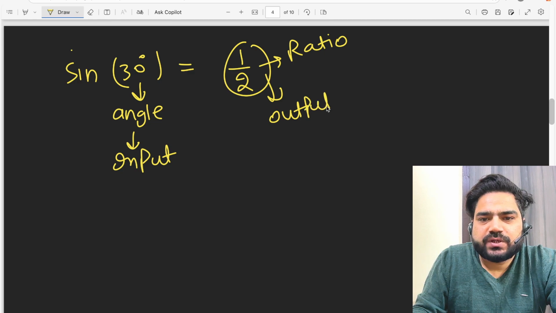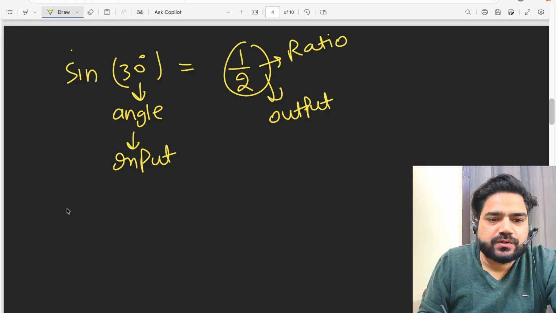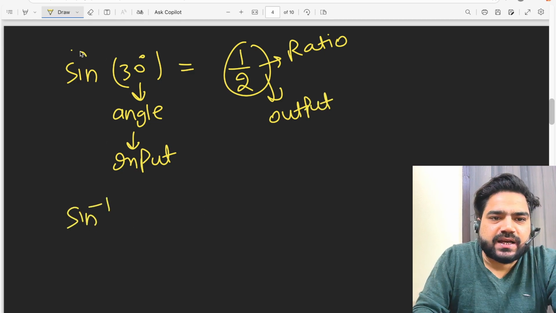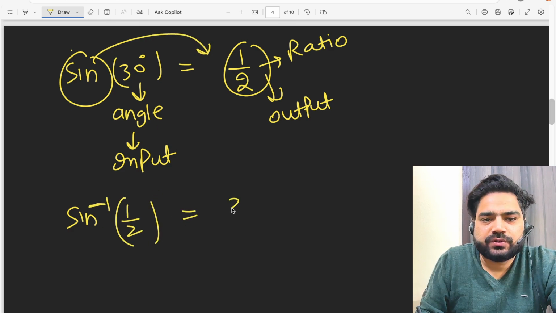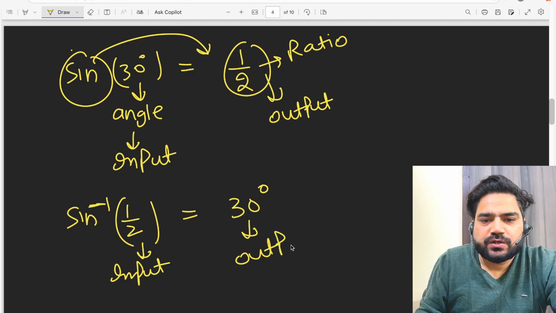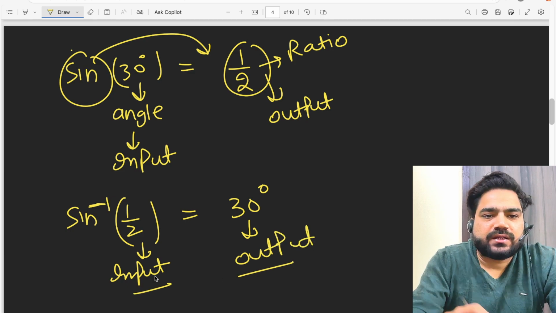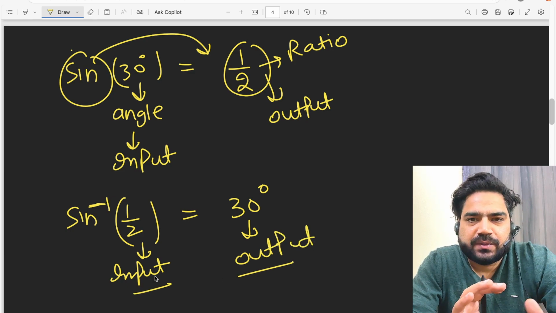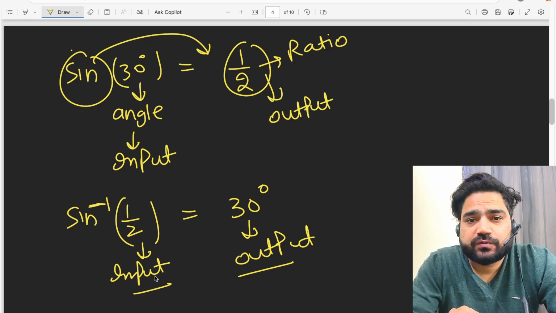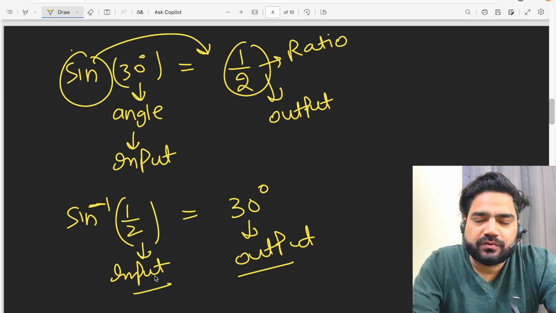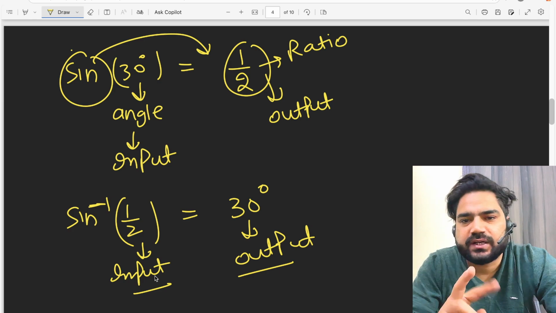But when we do the inverse of this function, we can also write this as, this sine term will go to that side, and we can write it as sine inverse 1 by 2, and now this sine inverse 1 by 2 will be equal to 30 degrees. So now this ratio becomes our input, and this angle becomes our output. What I am trying to say is, input and output both become reversed. When we put the angle, we get the ratio, but in the inverse of a function, we put the ratio and we get the angle. So these things get reversed.